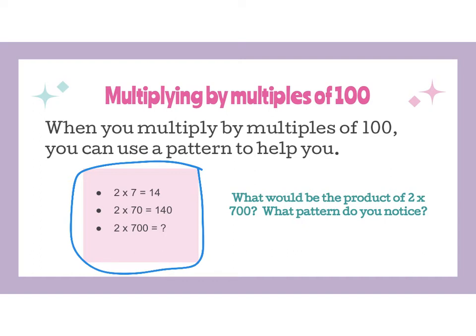And what pattern do you notice? 2 times 700 is 1,400. What do you notice is happening with the zeros? We have 1 0 here, 1 0 in our product. 2 zeros, 2 zeros in our product.